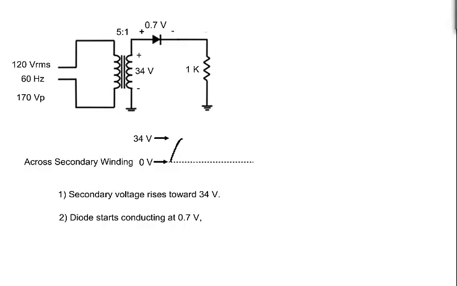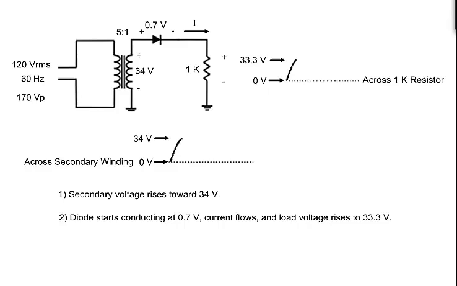If we use the constant voltage model for the diode, it starts conducting when the voltage reaches 0.7 volts, which allows current to flow and causes voltage to appear across the load. The maximum load voltage in this case is 34 volts across the secondary winding minus 0.7 volts across the diode, which is 33.3 volts.